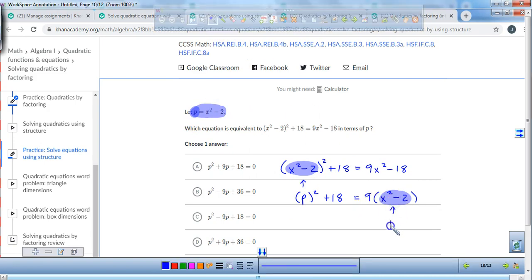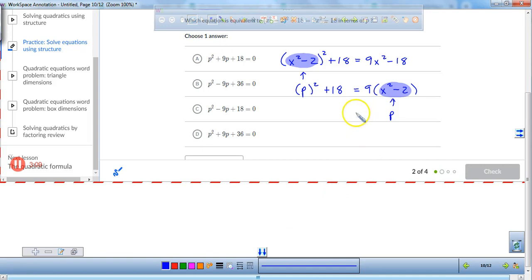So I'm going to say that is equal to the letter p in this expression, because they say let p equal x squared minus 2. Here's what we have left: p squared plus 18 equals 9 times p. The last thing I have to do is get everything over to the left-hand side.